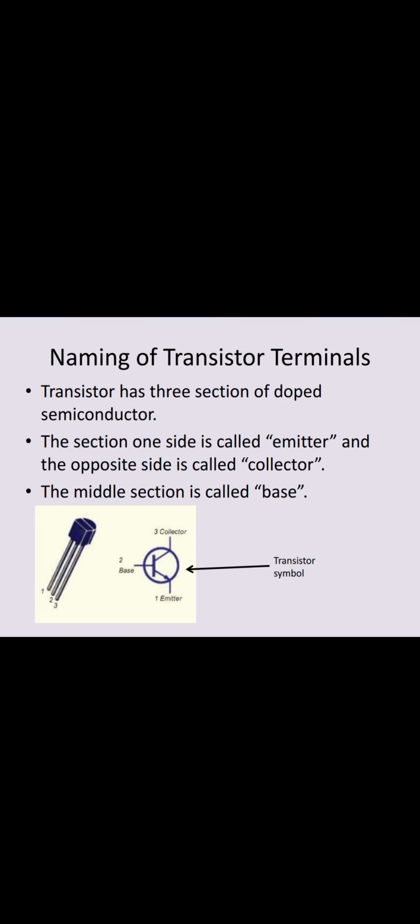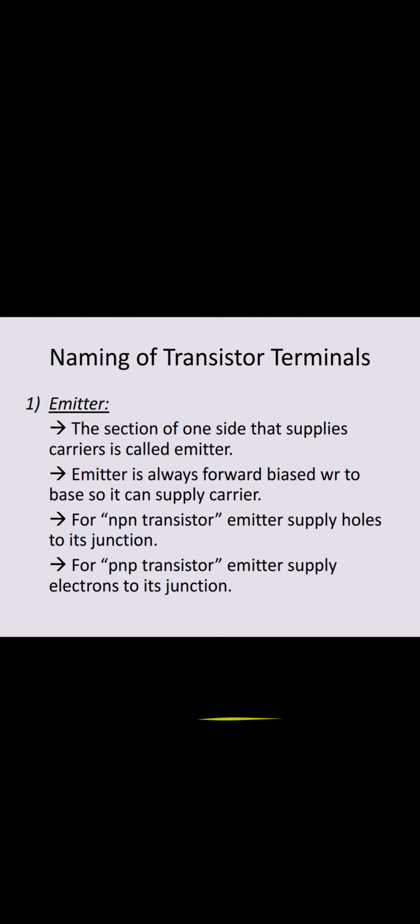A BJT has three parts named the emitter, base and collector, of which the first one is the emitter. The section that supplies the large number of majority charge carriers is called the emitter. The emitter is always connected in forward bias with respect to the base so that it supplies the majority charge carriers to the base.